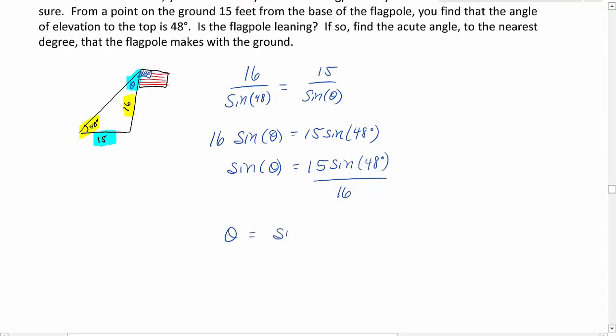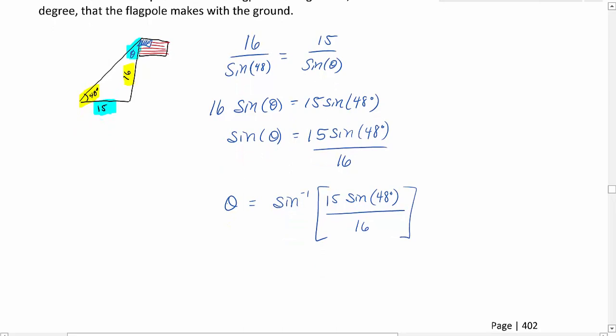Theta is going to be sine inverse, so this fraction here. Plugging that into our calculator, and we'll round to the nearest hundredth, we get theta to be 44.16 degrees.